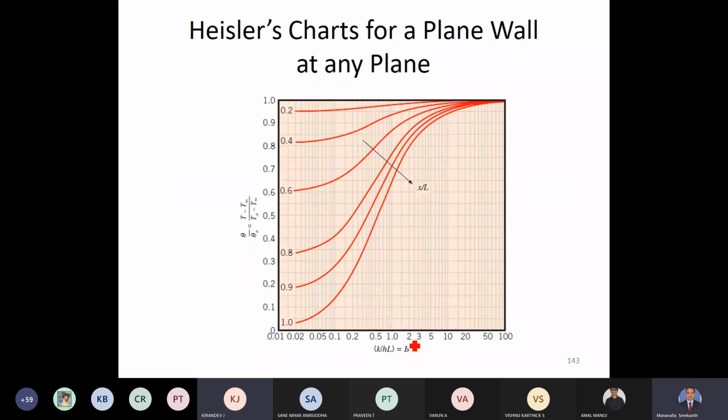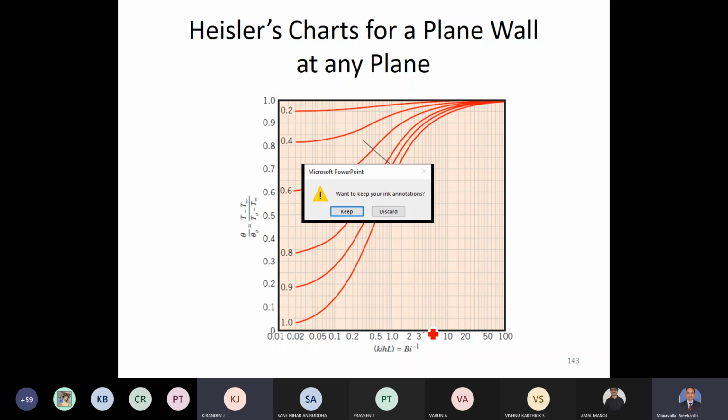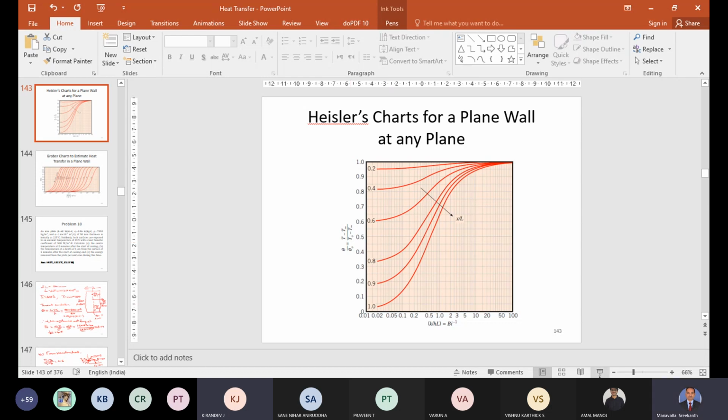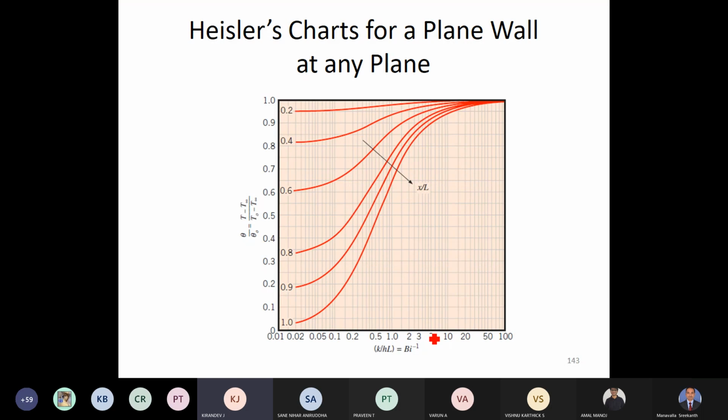We have 2 here, 3 here, 4, somewhere close to 5 but before 5. So I will roughly mark this. And this curve is 0.6.